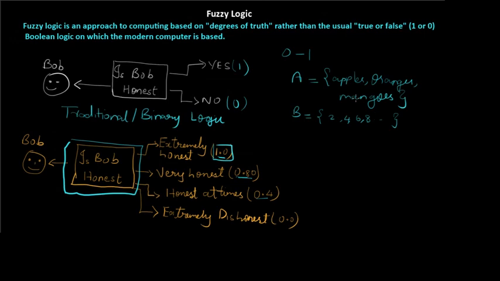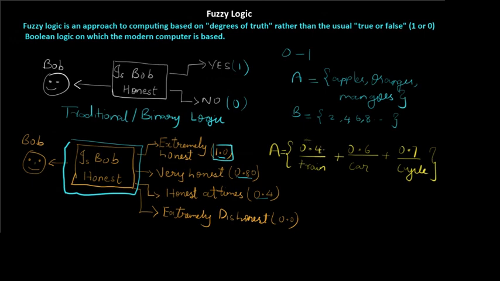Now a fuzzy set is different, wherein we have the degree of membership concept. Let me write down a representation of a fuzzy set and I'll explain what it exactly is. So this is a basic representation of a fuzzy set. This upper value, it is not actually a numerator, is known as the membership degree.